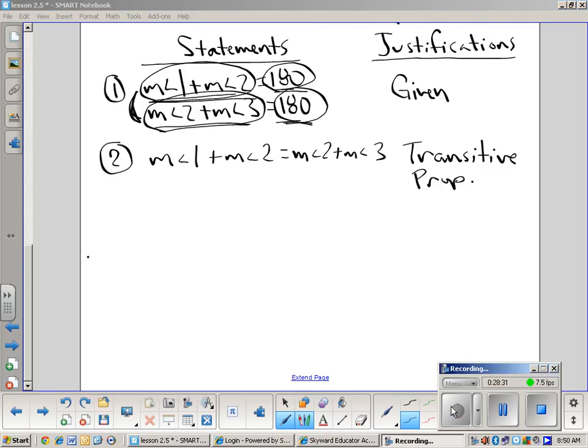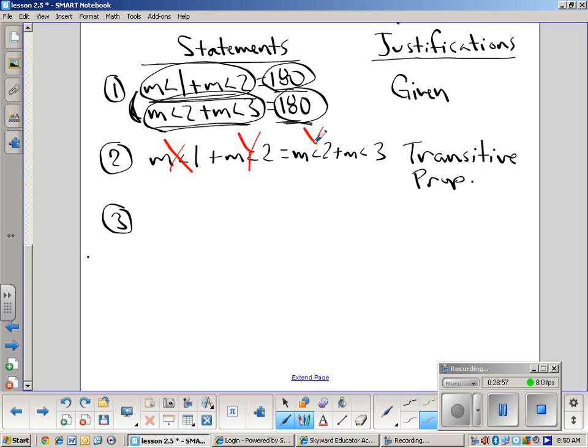So the next step. Now we have an equation, don't we? It's kind of a confusing looking equation, but isn't it an equation? Could I call measure angle 1 x, measure angle 2 y, measure angle 3 z? I could, couldn't I? I could think of this as x plus y equals y plus z, right?